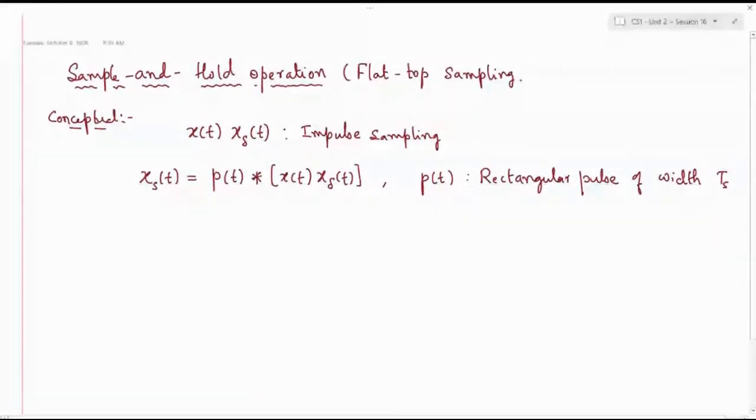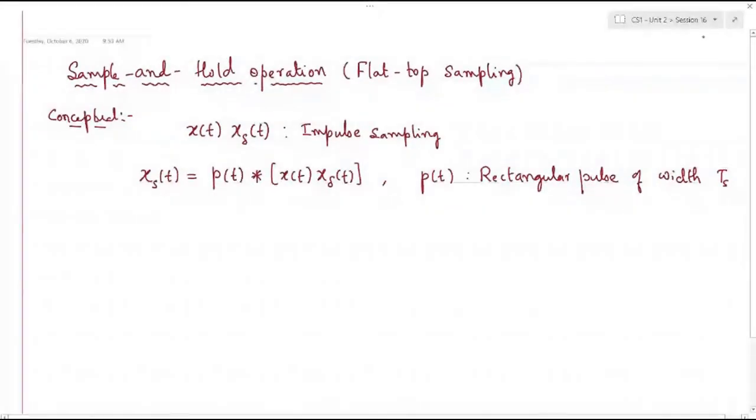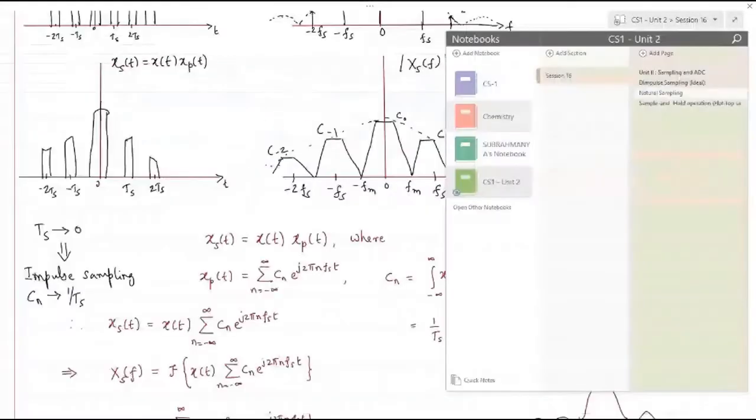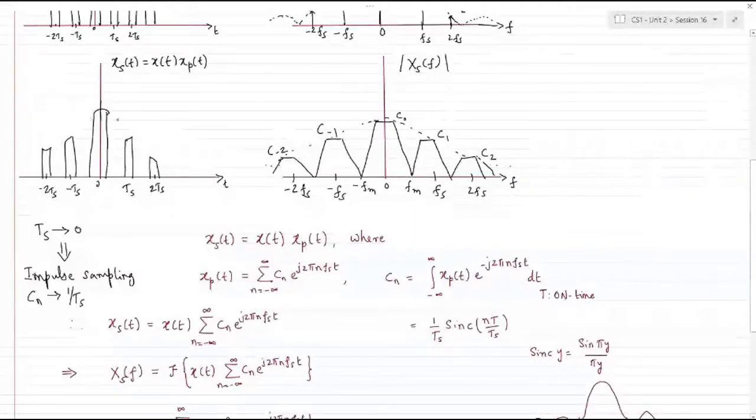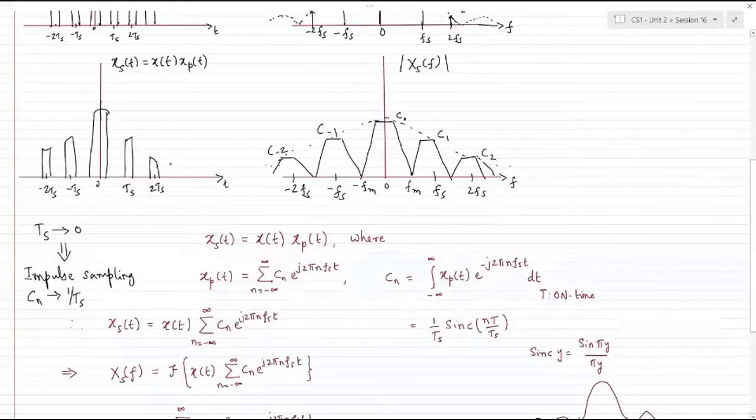In the earlier case of natural sampling, the amplitudes of the sampled versions were in accordance with your information bearing signal. If I join all these curves, it would represent your original information bearing signal itself.